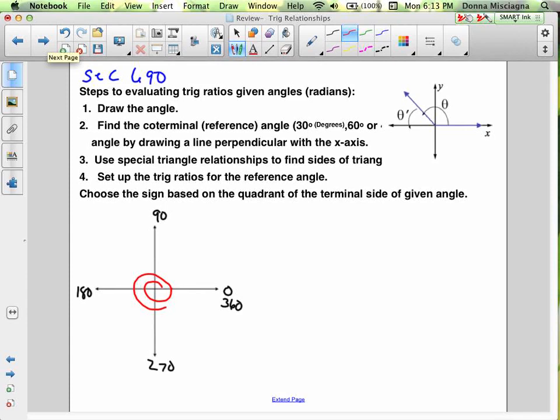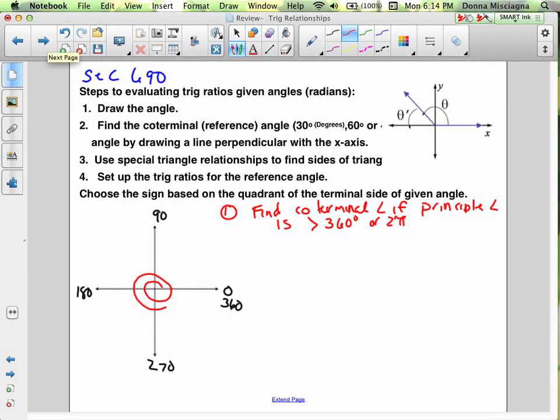Now what if you're not sure where that's going to go? Step 1 on this one, along with graphing, is to find a coterminal angle. If your principal angle is more than 360, or 2 pi, find a coterminal angle.